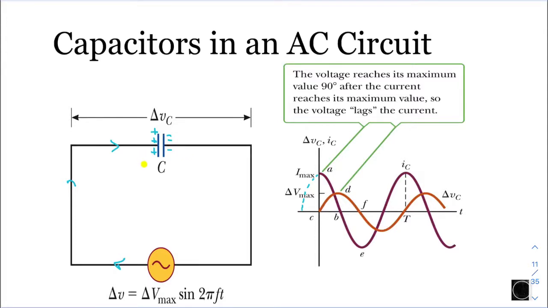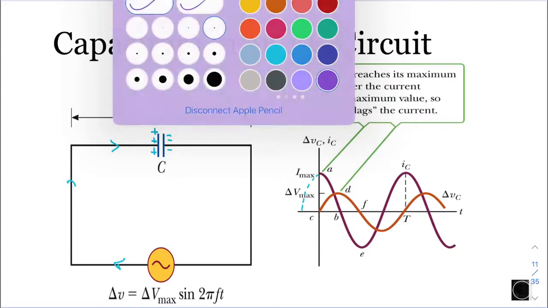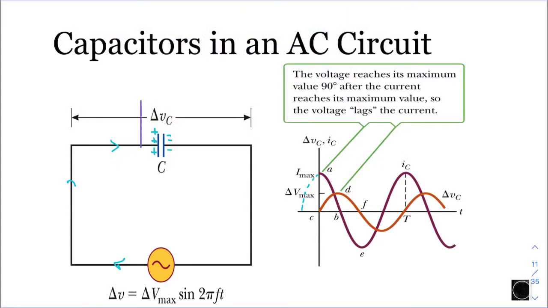If you measure the voltage across the capacitor, let's say you put a voltmeter here, you want to measure the value of delta VC across the capacitor, you cannot have the reading until the parallel plates are fully charged first.